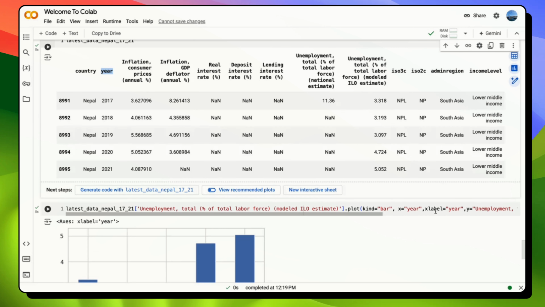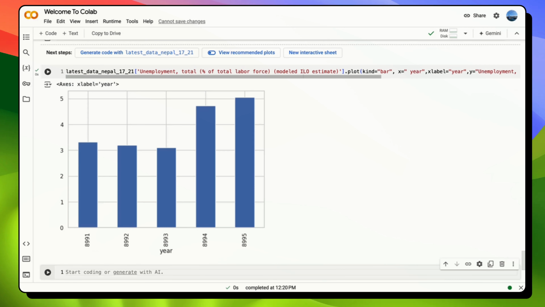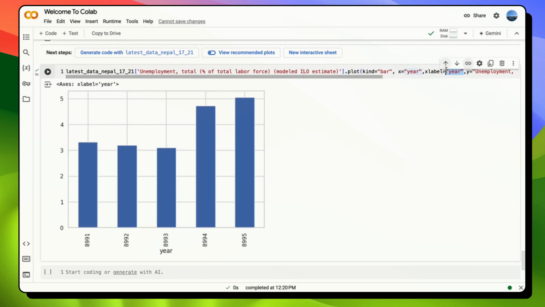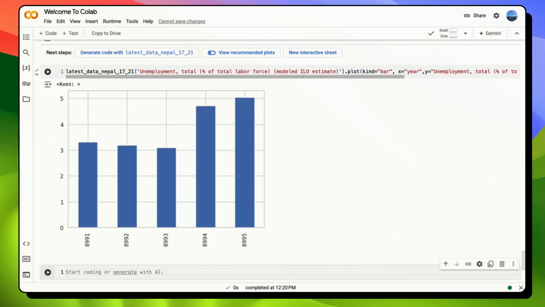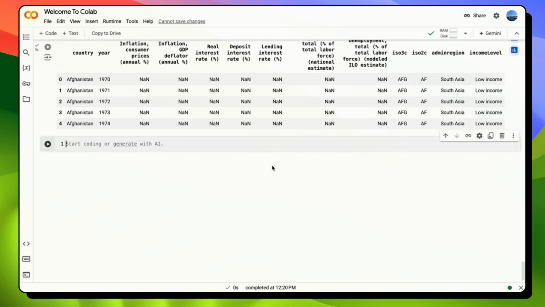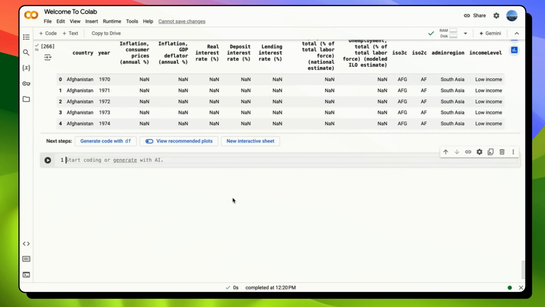Even though we do have this here, years. Let's go ahead and see.